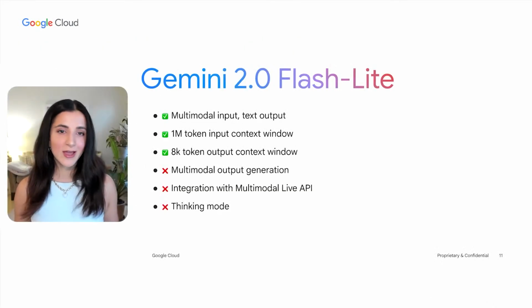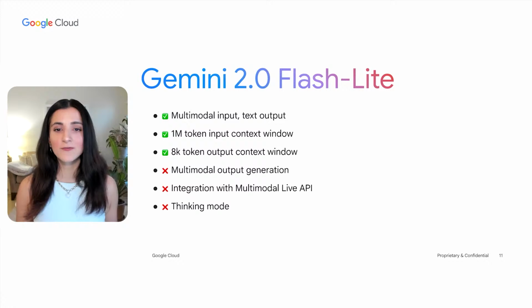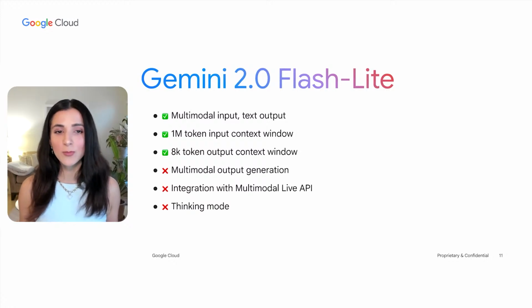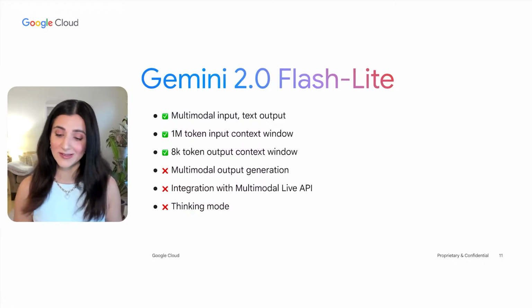If you were a user of 1.0 Gemini models, you can think of Flash-Lite as an upgrade path for 1.5 Flash users who want better quality, but at the same price and speed. The model does have a few fewer features and capabilities than 2.0 Flash. For example, it doesn't include multimodal output, but it's still pretty powerful, and it has a 1 million token context window, which is actually longer than that really long novel War and Peace.